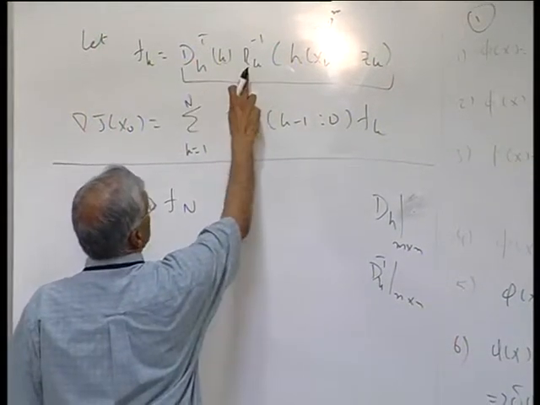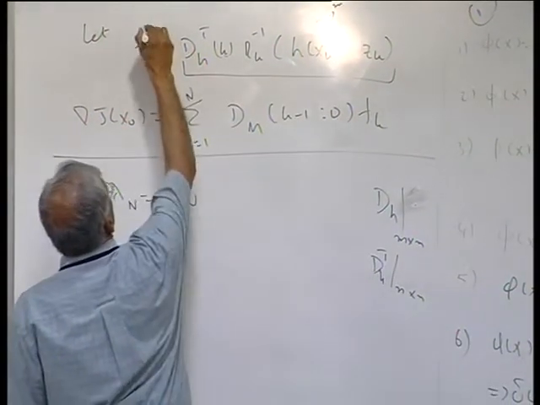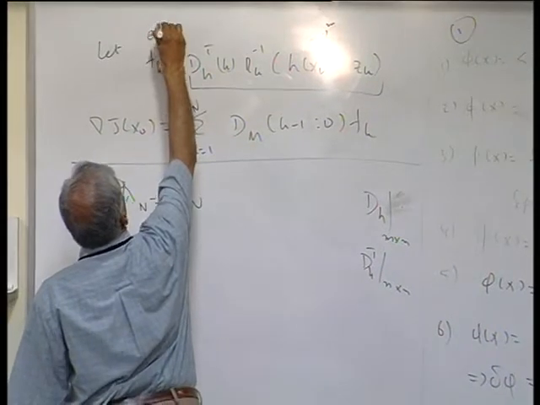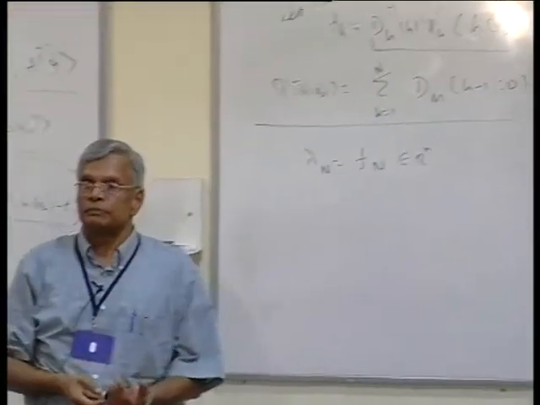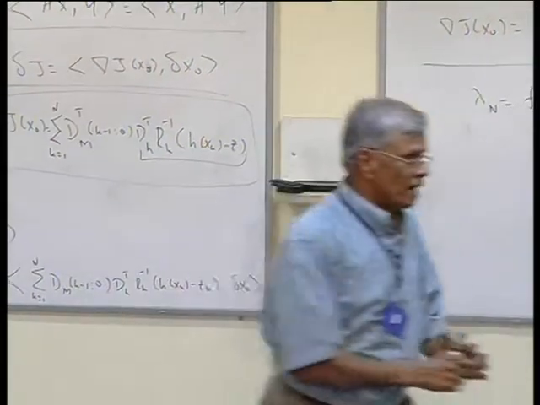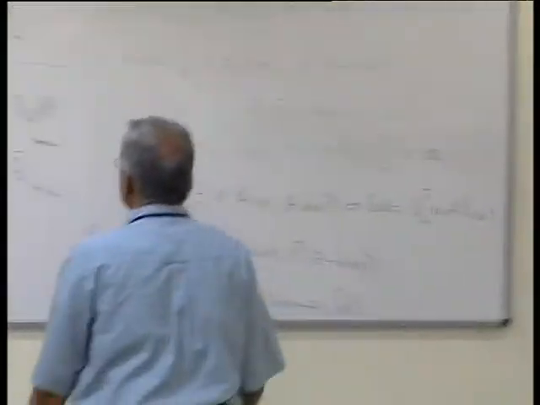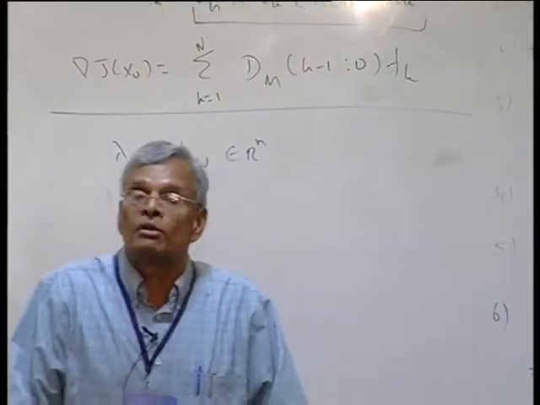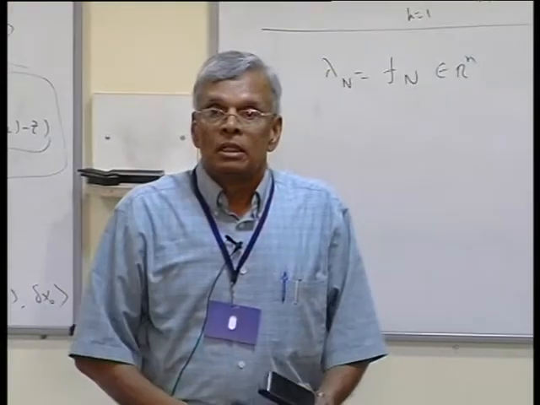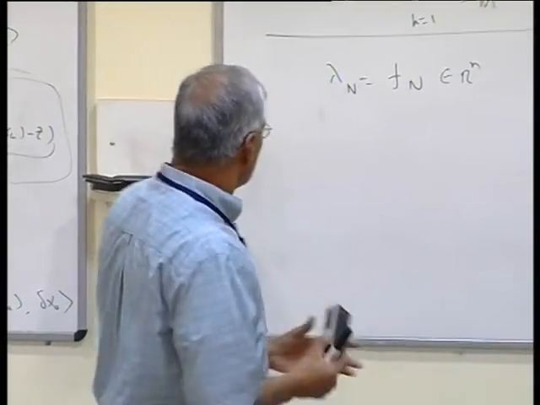So n by m, m by m, m by m. So this belongs to Rn. So I'm trying to define a new entity called lambda n. This lambda n is very similar to the Lagrangian multiplier that you will get. I will talk about it in a minute.